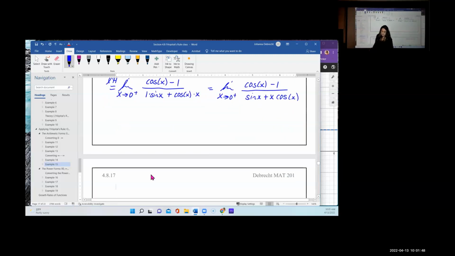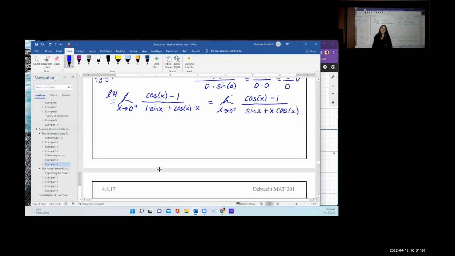Plug in again. Try plugging in again and see if you have a value. So when I substitute it in this time, I'm going to get the cosine of 0 minus 1 divided by the sine of 0 plus 0 times the cosine of 0.